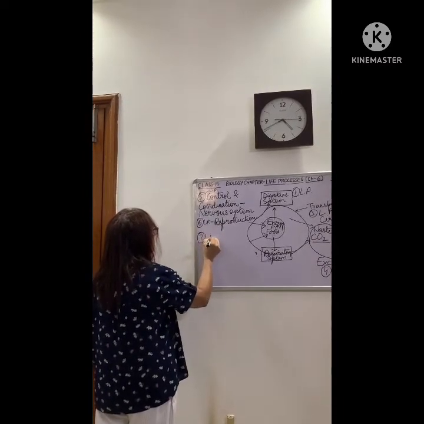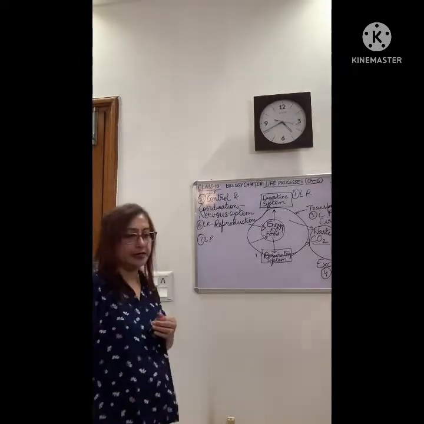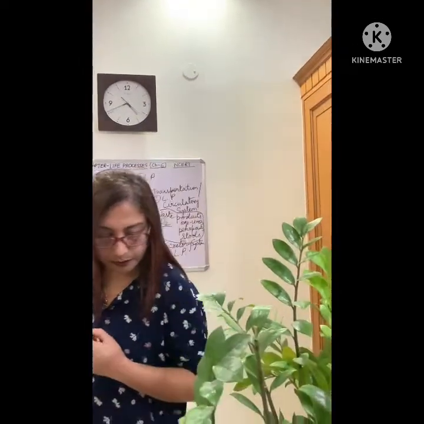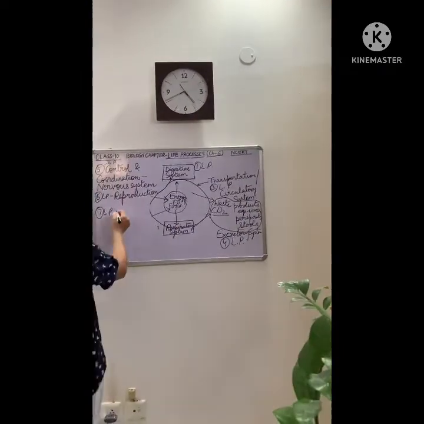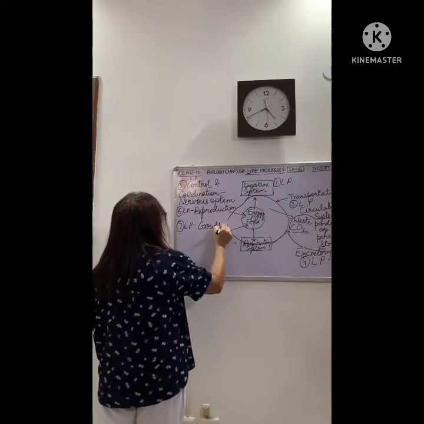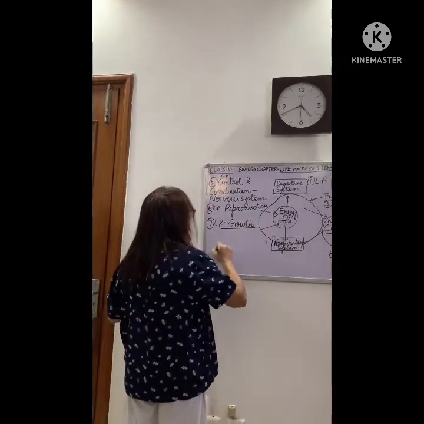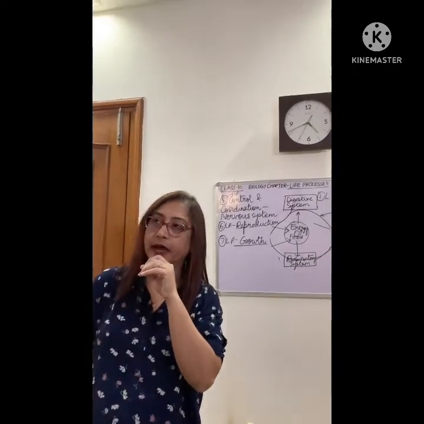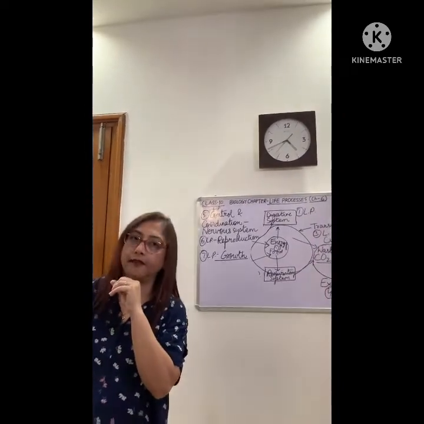So this is the sixth life process. Now the seventh life process is growth. You know, whenever anything is growing, we say that it's alive, it's living.